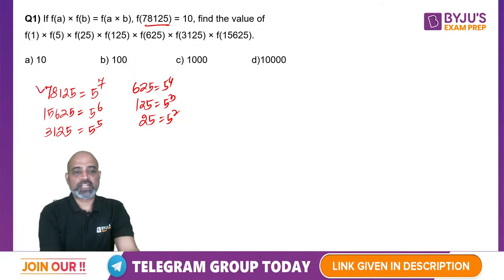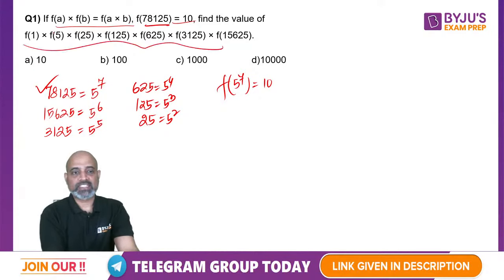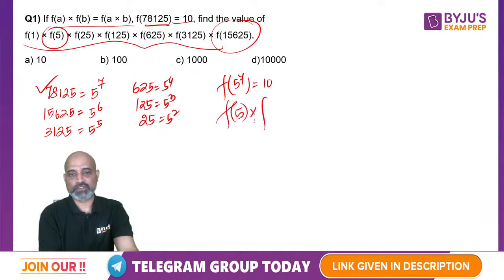Okay, so what is given to us is that f of 5 to the power 7, which is 78,125, is given as 10, right? And then we are given a relation with which we can simplify the given term. So if I take the second and the second last, as in if I take f of 5 into f of 15,625, which is the same as f of 5 into f of 5 to the power 6.